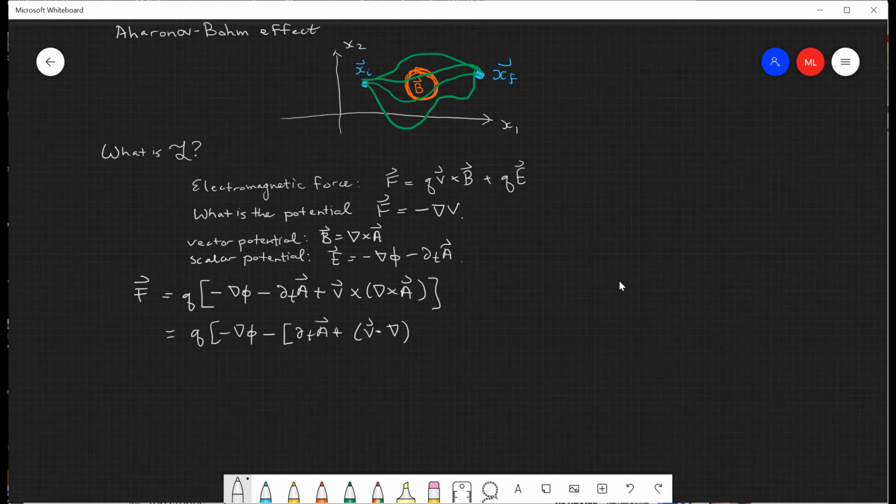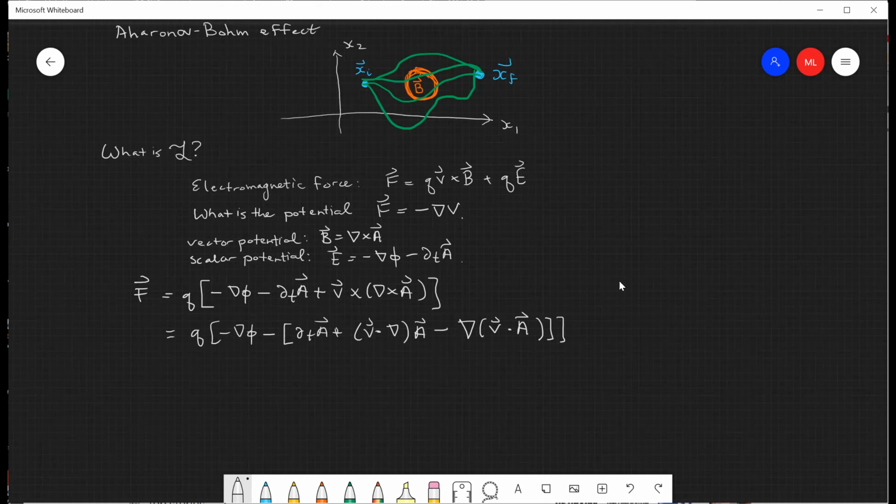So it's the derivative along the V direction acting on A, minus the gradient of V dot A. So that's just a vector identity.